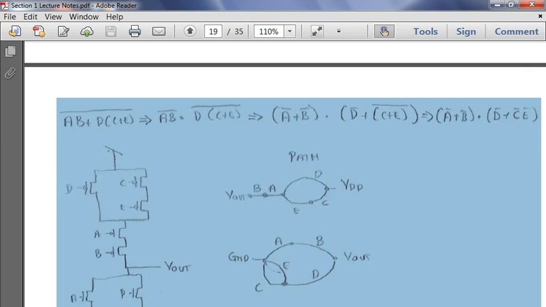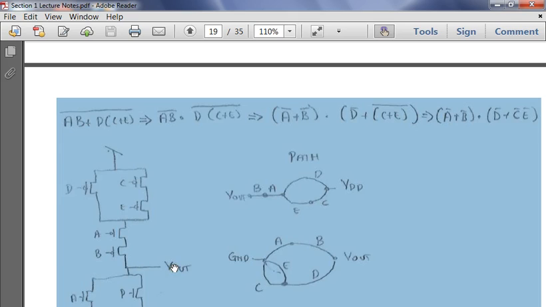D is ANDed with C or E, right? So then they're in parallel, and they both go to V out. You perform De Morgan's law. We see that not A or not B are in series. You're going to have C and E. Okay, so then we have D, C, and E.